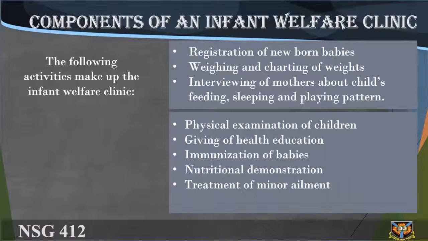Interviewing of mothers about their children's feeding, sleeping, and playing pattern. 4. Physical examination of children. 5. Giving of health education. 6. Immunization of babies. 7. Nutritional demonstration. 8. Treatment of minor ailments.